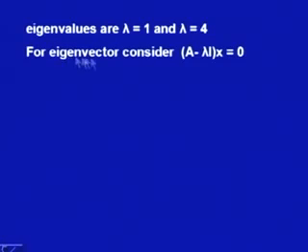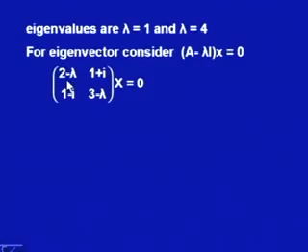To get the eigenvectors corresponding to these eigenvalues, we have to solve the equation (A minus lambda I) x equal to 0. So, it is the matrix 2 minus lambda, 1 plus i, 1 minus i, 3 minus lambda, times x equal to 0.